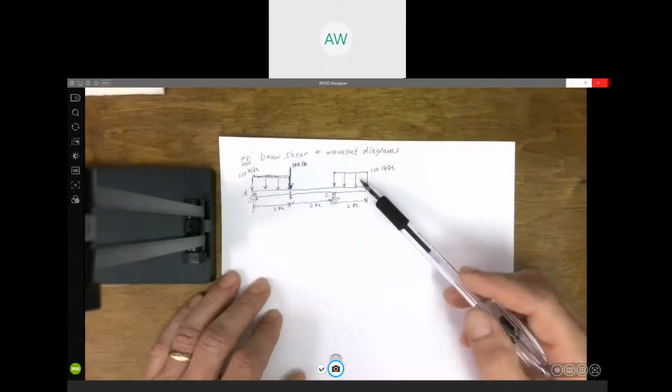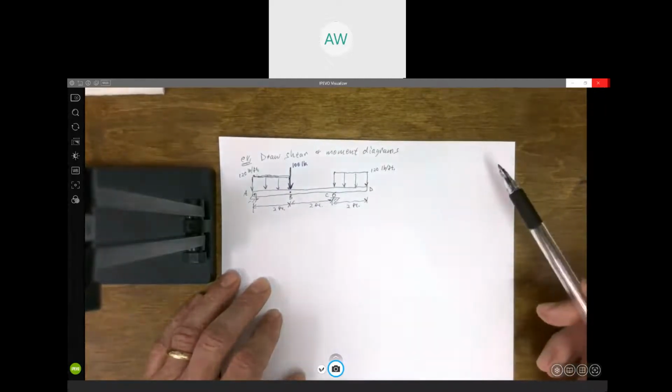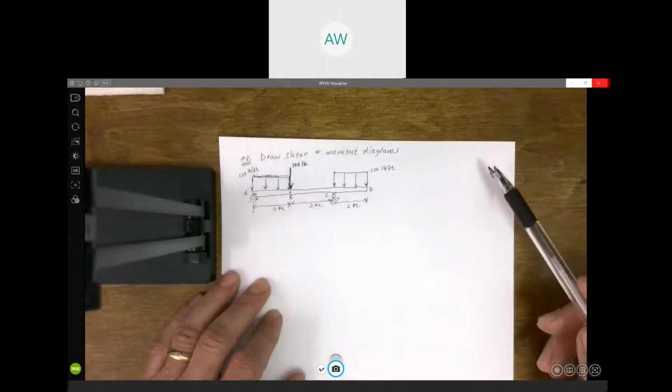These 2 distributed loads and then this 1 concentrated force. I think I've got all my loads and my dimensions.